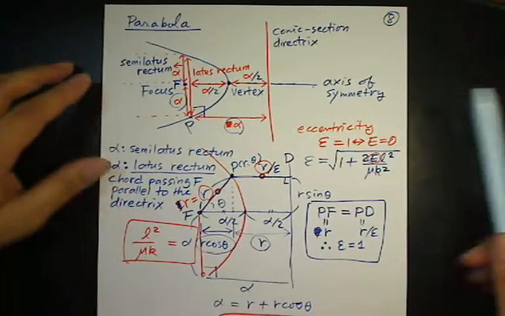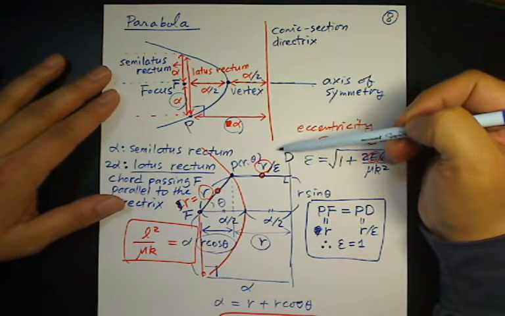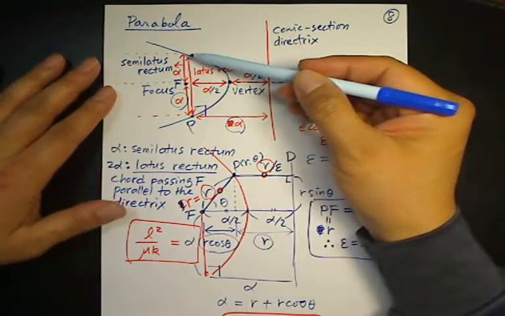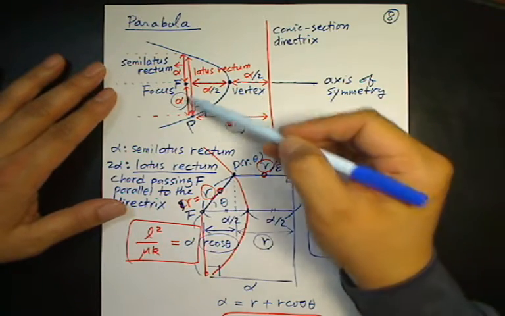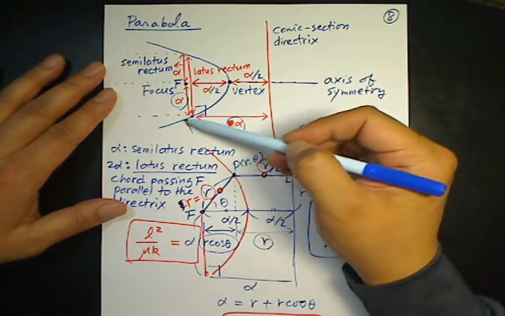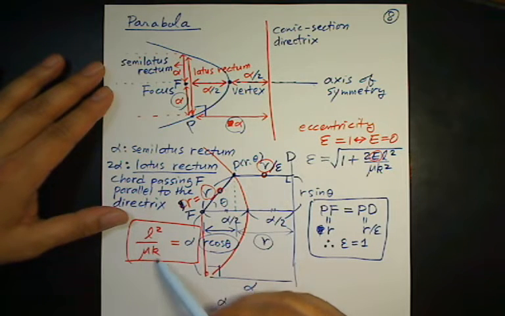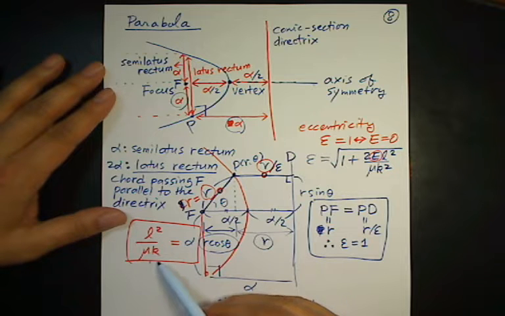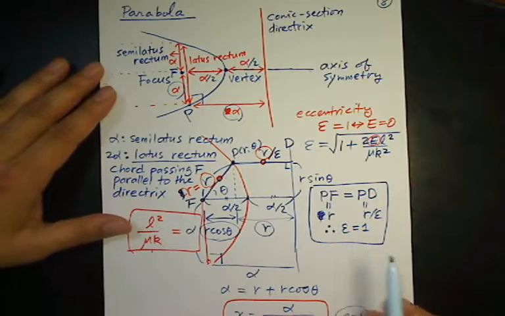Let us consider further. This is the conic section directrix. This is latus rectum. This is semi-latus rectum. Semi-latus rectum is alpha. And we remember alpha is orbital angular momentum squared over reduced mass times strength K. Okay.